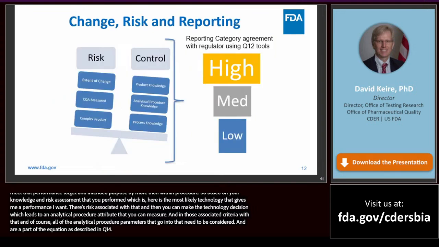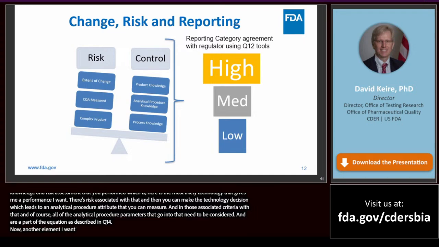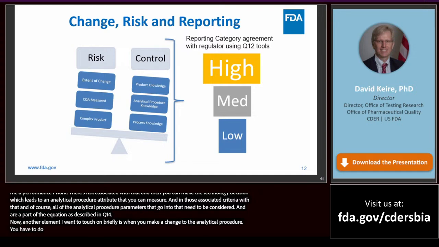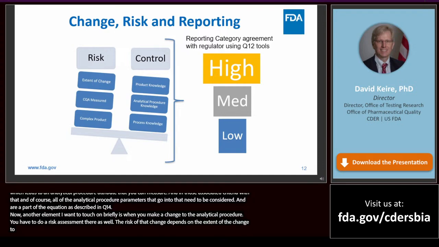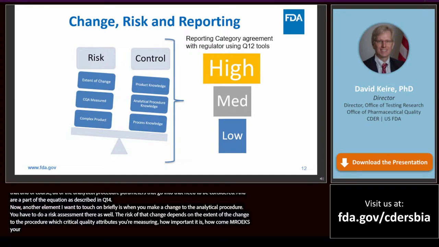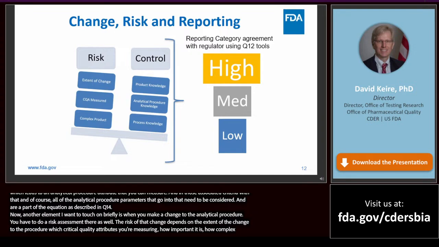Now, another element I want to touch on briefly is when you need to make a change to an analytical procedure, you have to do a risk assessment there as well. And the risk of that change would depend on the extent of the change to the procedure, which critical quality attributes you're measuring, how important it is, how complex your product is, whether your matrix is going to interfere.